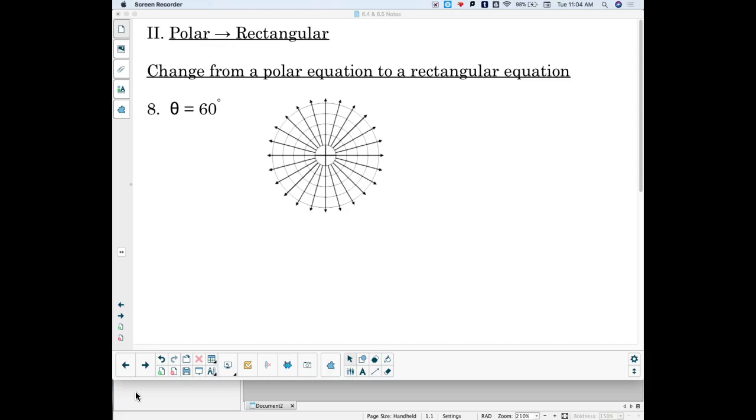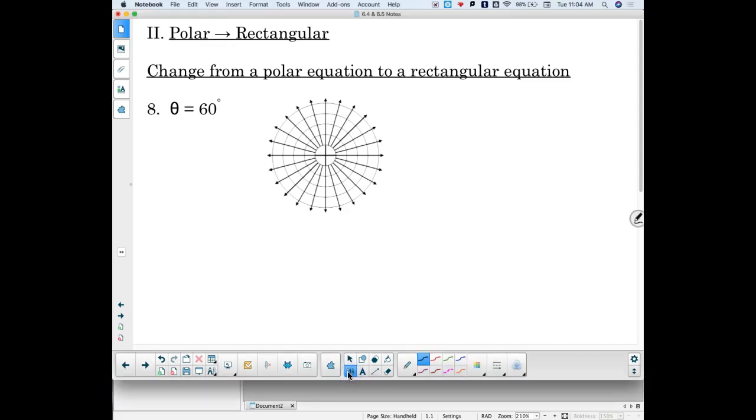We got a line through the origin going up. A line through the pole on the polar graph. Yep. Okay. We'll get to that one in a minute. So it's a line through the pole at 60 degrees. Right? Okay.